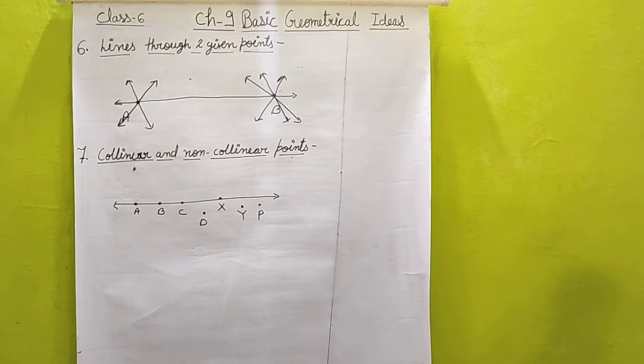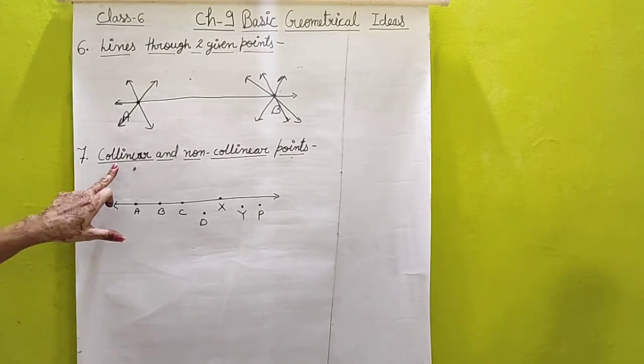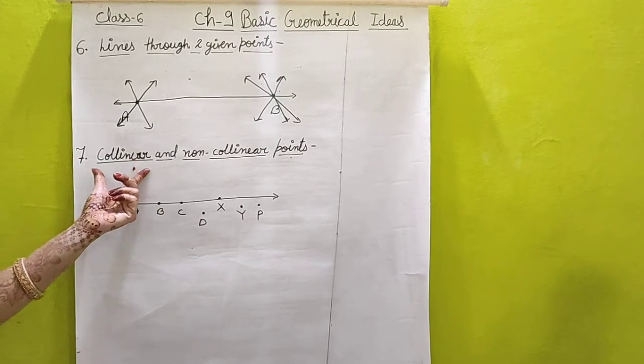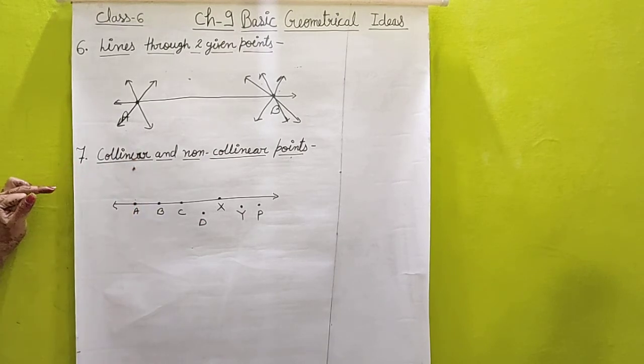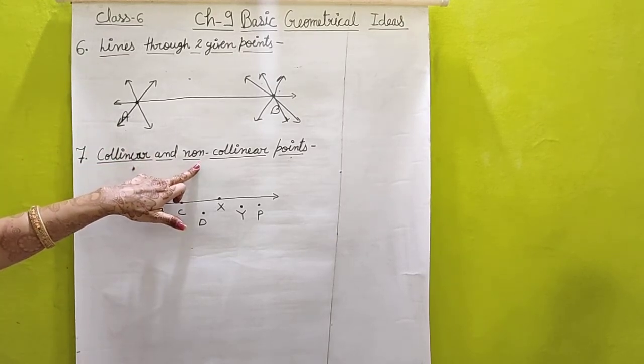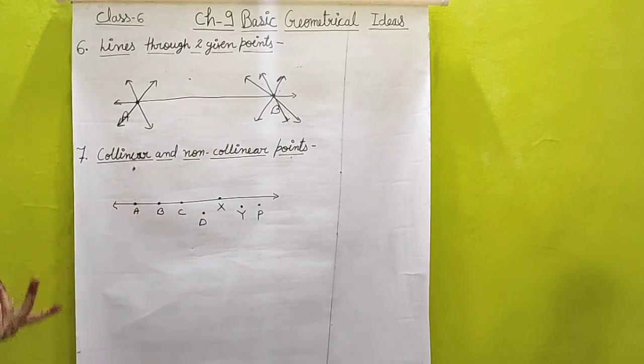Students, in the 7th point, we will discuss collinear and non-collinear points. Collinear means points that lie on the same line, and non-collinear points means points that are not on the same line.